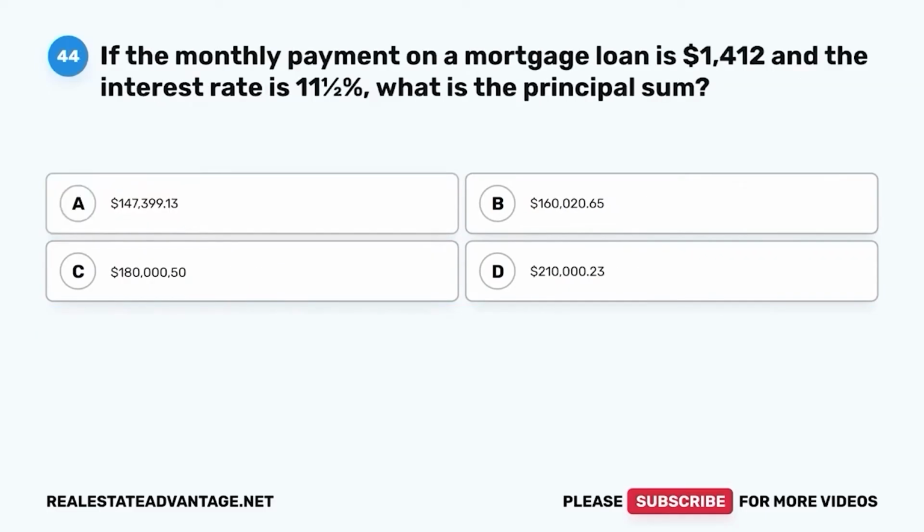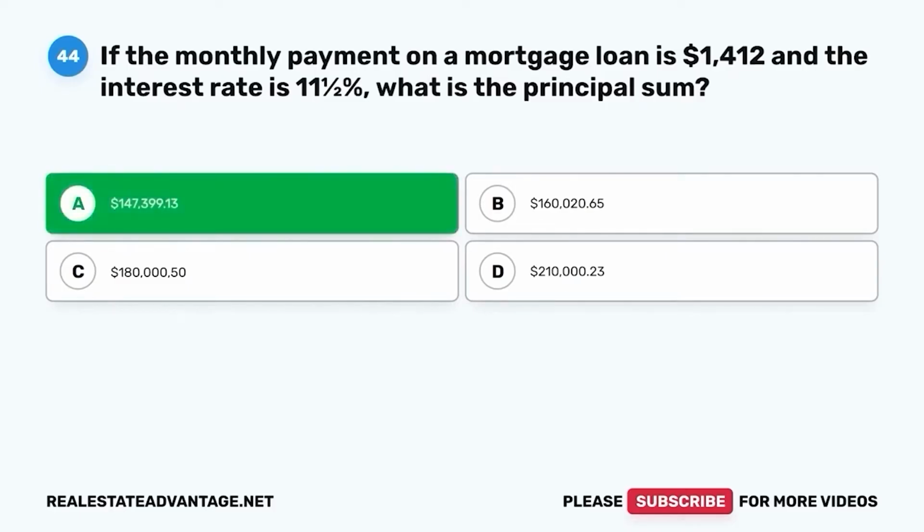Question 44. If the monthly payment on a mortgage loan is $1,412 and the interest rate is 11.5%, what is the principal sum? A, $147,399.13. B, $160,020.65. C, $180,000.50. D, $210,000.23.